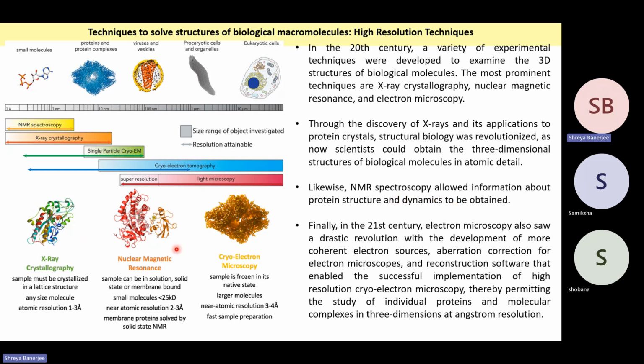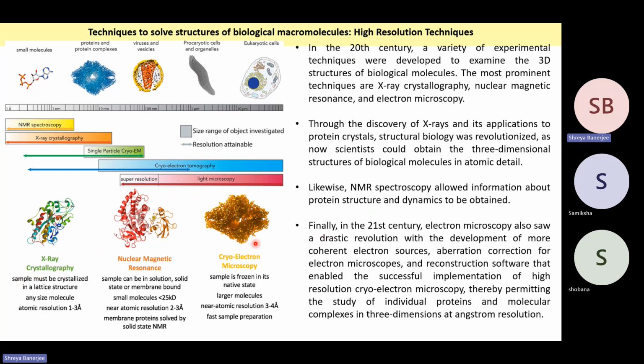And the latest technique, in the 21st century, is cryo-electron microscopy. Basically, in X-ray or NMR, there can be certain disadvantages. Like in NMR, high concentration is required. In X-ray, you have to form a good crystal, otherwise the structure will not be well resolved.